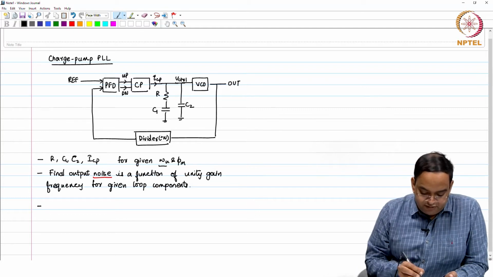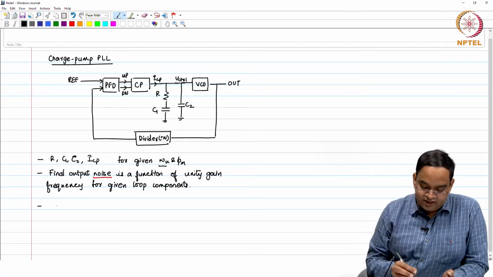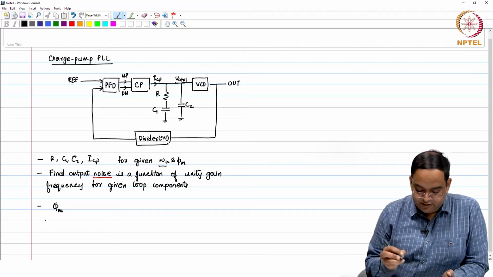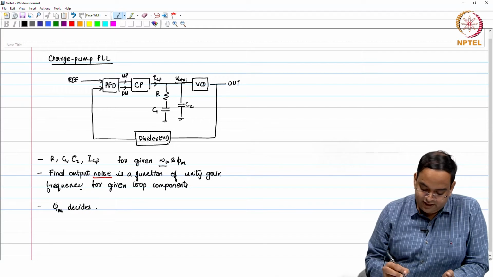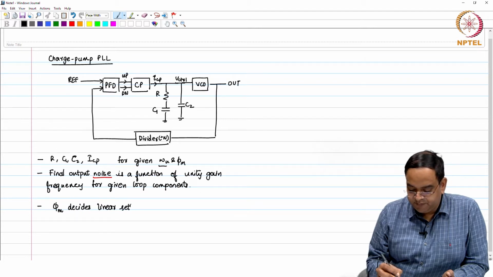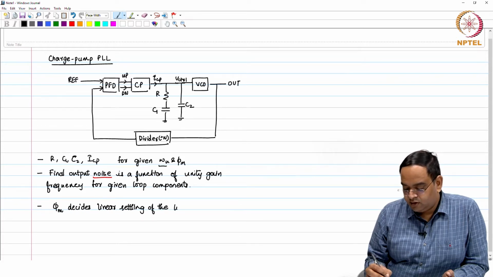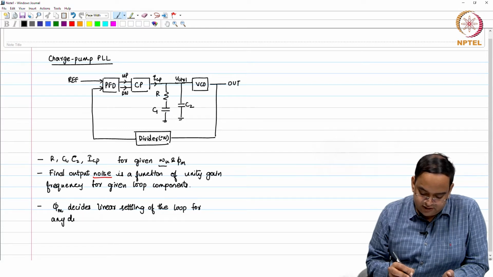The phase margin also has a role to play, and the phase margin decides the linear settling of the loop for any disturbance in the PLL loop.